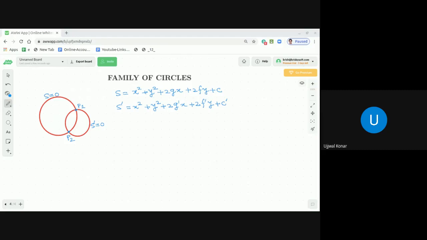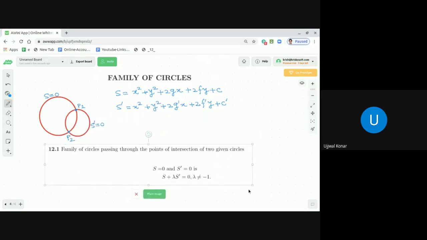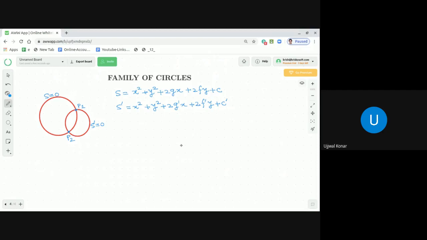Now, what will be the equation of those circles? The family of circles passing through the point of intersection of the 2 given circles S equal to 0 and S dash equal to 0 is S plus lambda S dash equal to 0, subject to the condition lambda is not equal to -1.